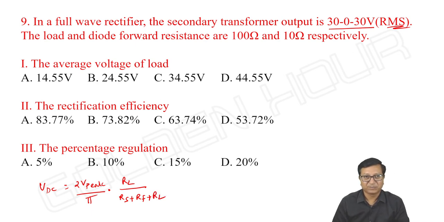So here, what about the peak amplitude of the secondary voltage? It is nothing but RMS value multiplied with root 2.